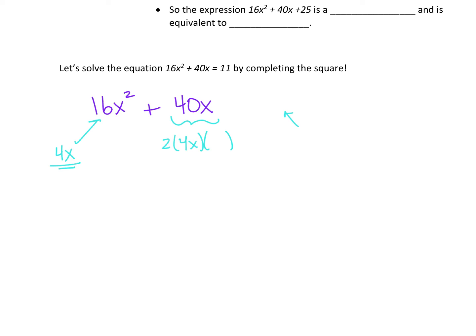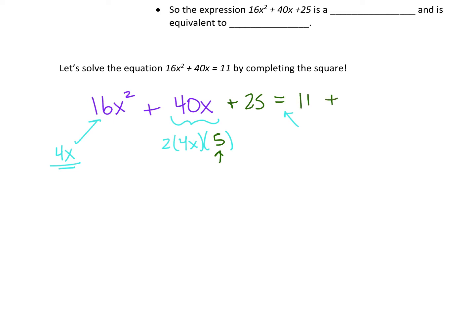So we're going to think through what that number should be. What we know is that 40x is equal to 2 times 4x times something. 2 times 4x is 8x. 8x times what value gets us 40? And we know that 8x times 5 gets us 40x. So the c value that we add in is this guy squared, so plus 25.